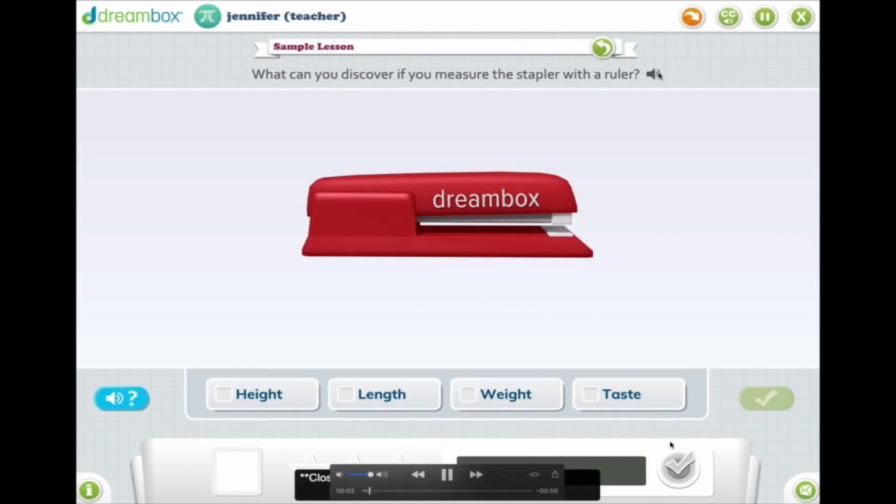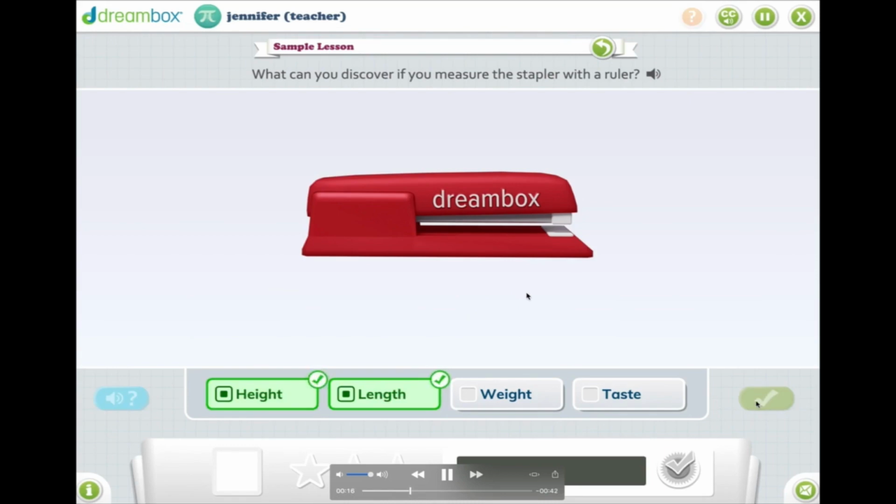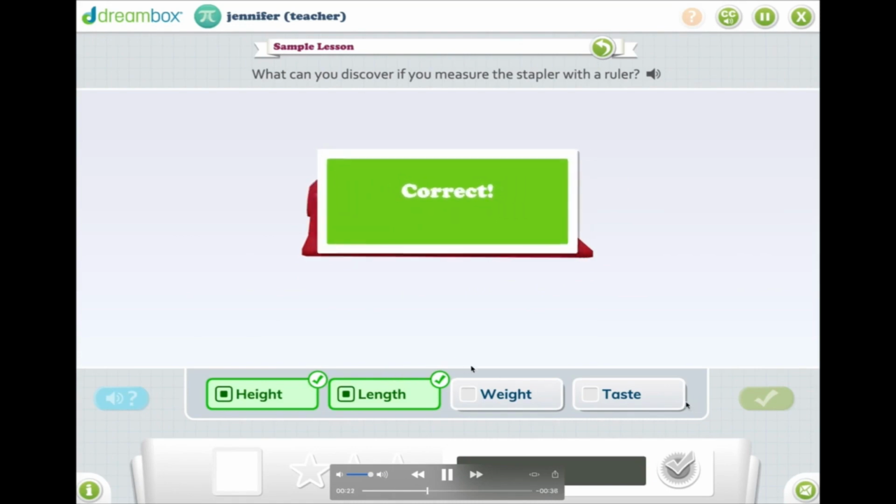Okay, so I'm going to show you the next lesson, which would be a lesson that students might see in the middle of their learning progression for measurable attributes. You can see that they have more options of answers at the bottom of their screen. These lessons are also multi-select lessons, meaning they can select as many answers as they want.